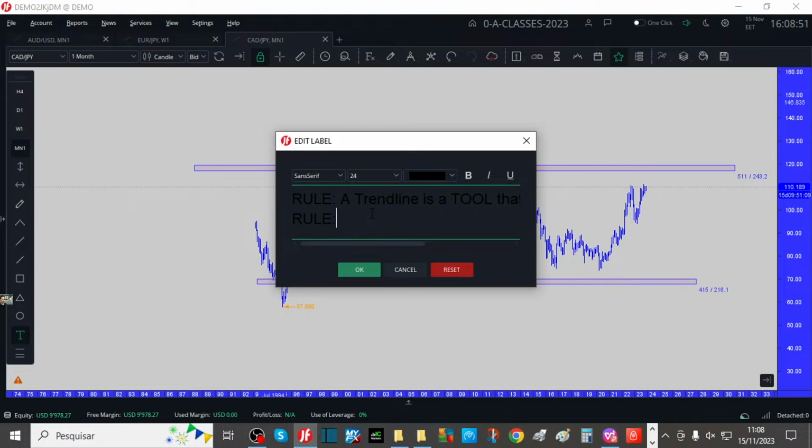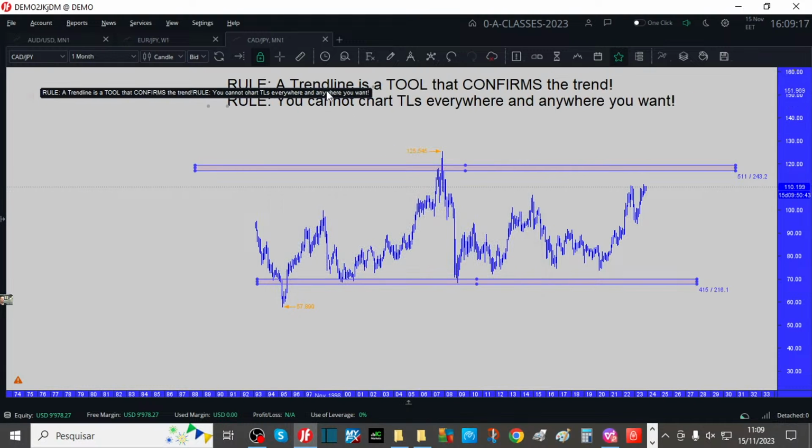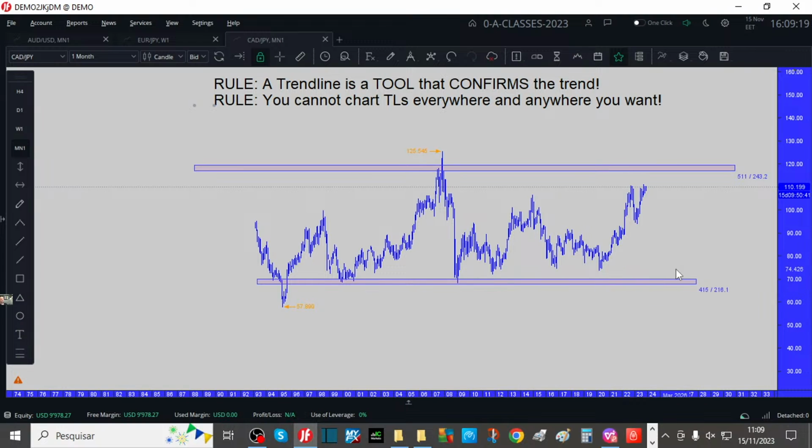Rule: you cannot chart trend lines everywhere and anywhere you want. Those are the rules. A trend line is a tool that confirms the trend.